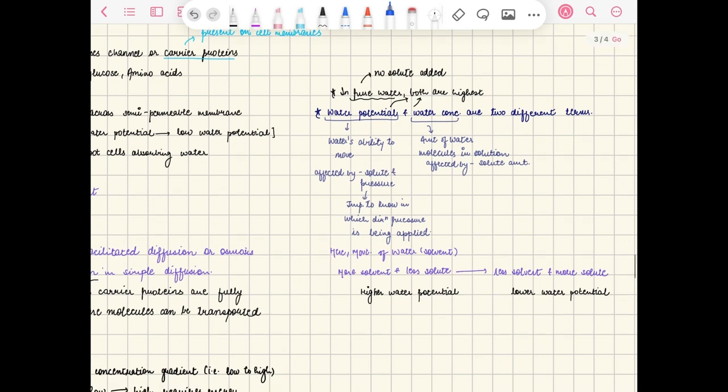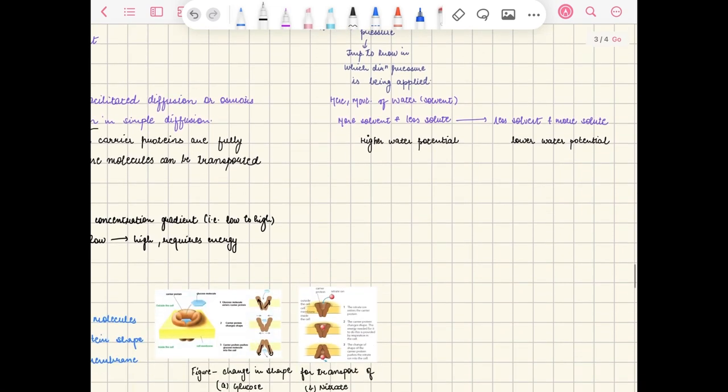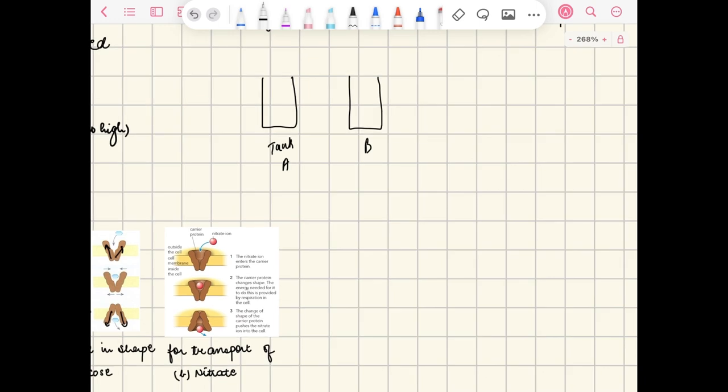Okay? Now, if we look here, we take two tanks. There is tank A and here is tank B, right? Tank A has pure water and tank B has salty water. Pure water has high water potential because there is no solute added, right?